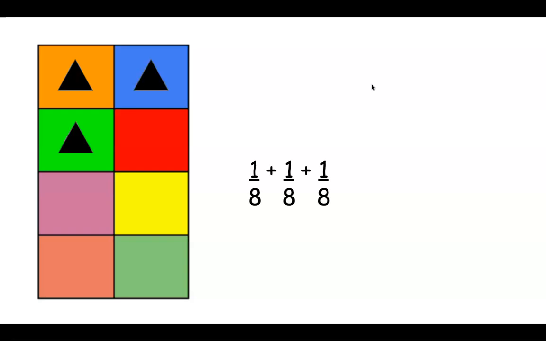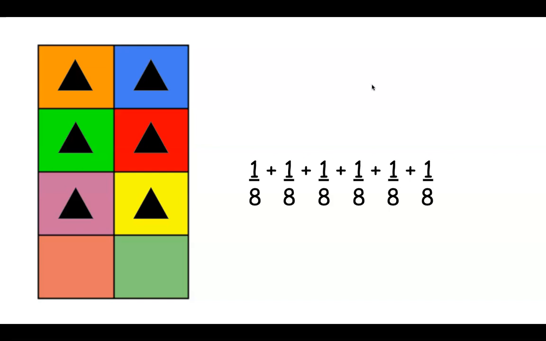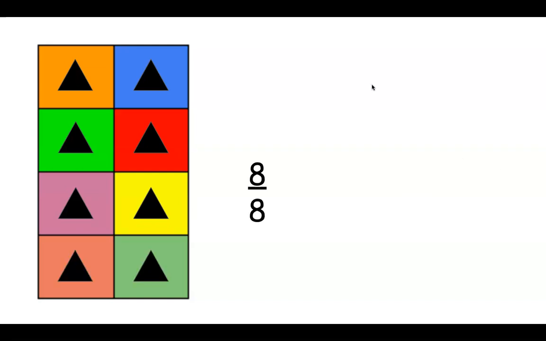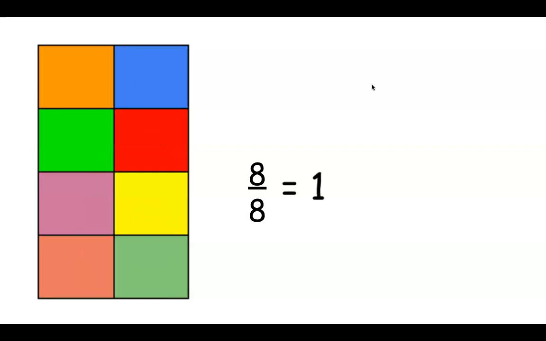Look at this chocolate bar. I think this person is going to be sharing their chocolate bar with 7 other people, so 8 people altogether. That's 1/8, another 8th, another 8th, another 8th, another 8th. There's 6/8, 7/8, 8/8, which is 1 chocolate bar, 1 pizza.